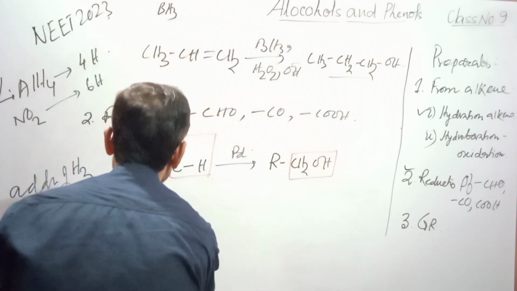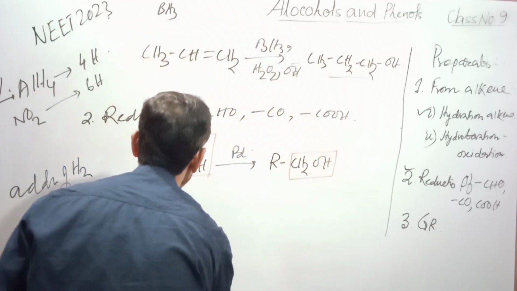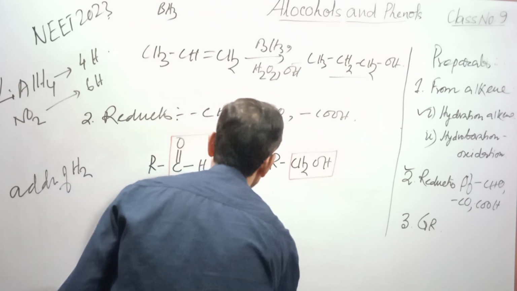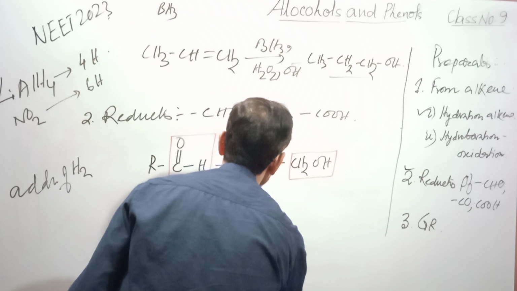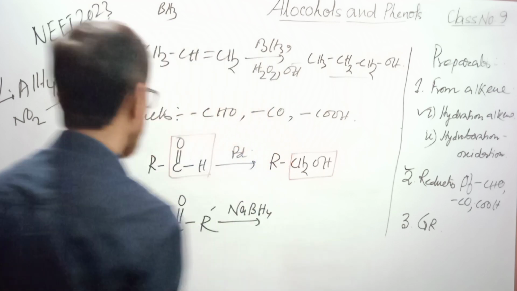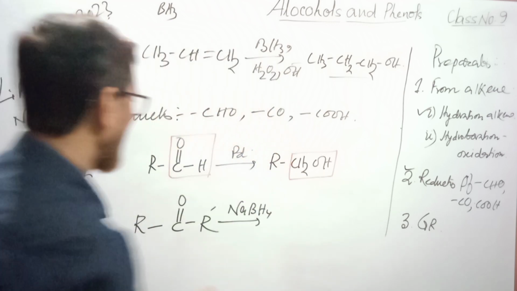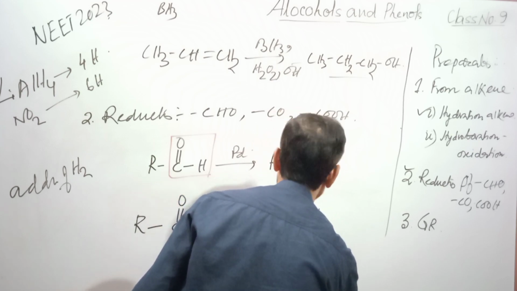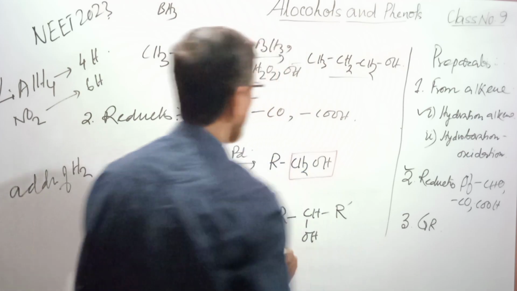Now, if you use a ketone with sodium borohydride, again you are adding hydrogen. I will write the answer, but you will not be happy unless you know how the answer appears.